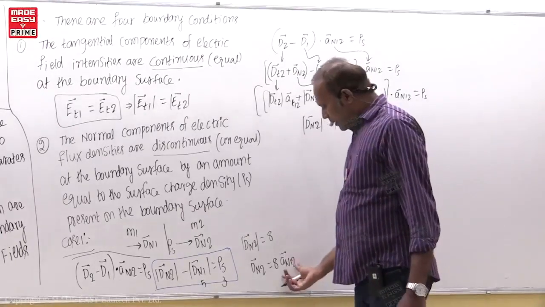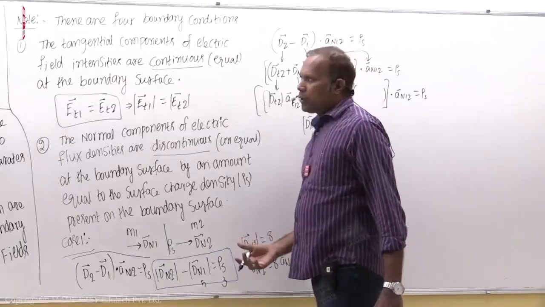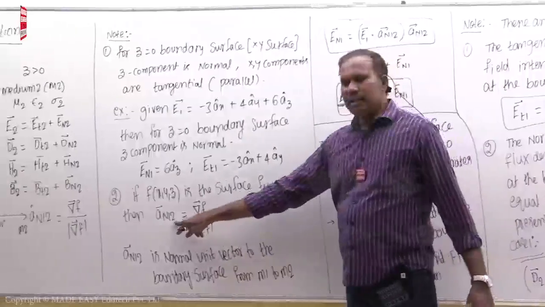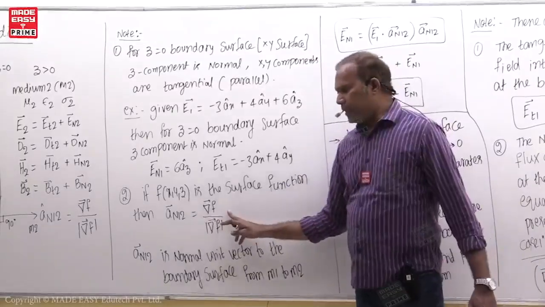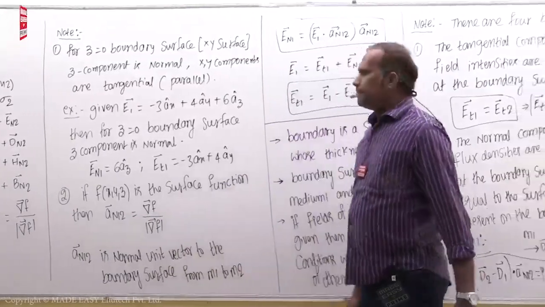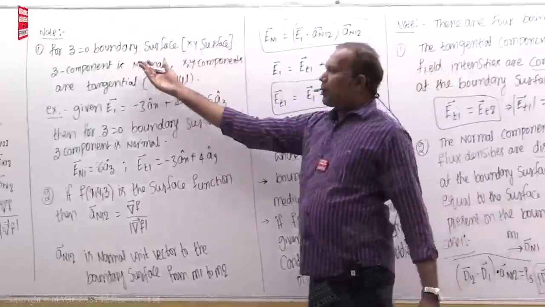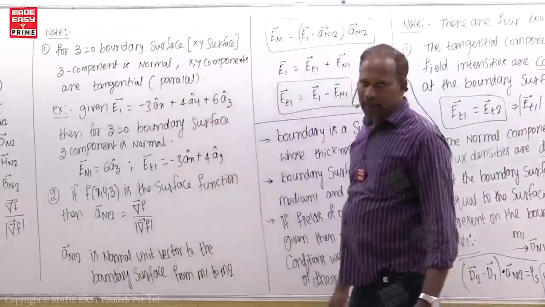How do you get this normal unit vector AN12 bar? I told you the procedure earlier to get AN12 bar. So this is the AN12 bar equation, right? Okay. For example, for z is equal to 0 boundary, AN12 bar is az cap, like that.